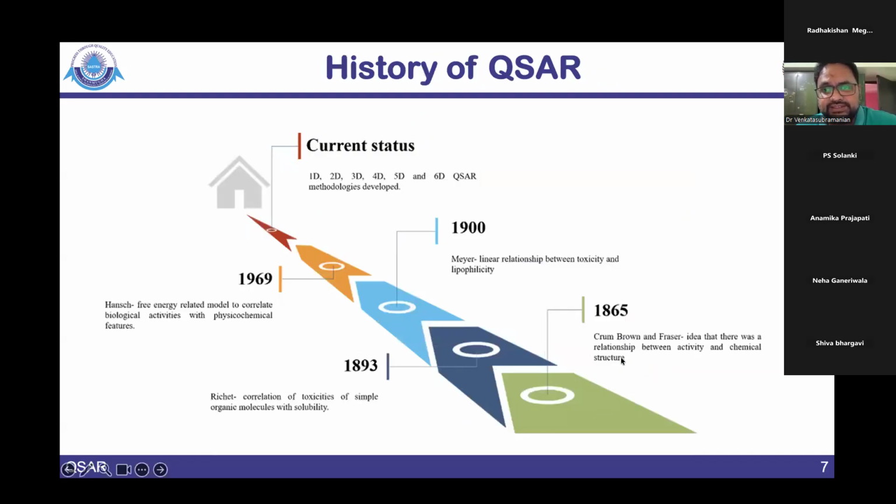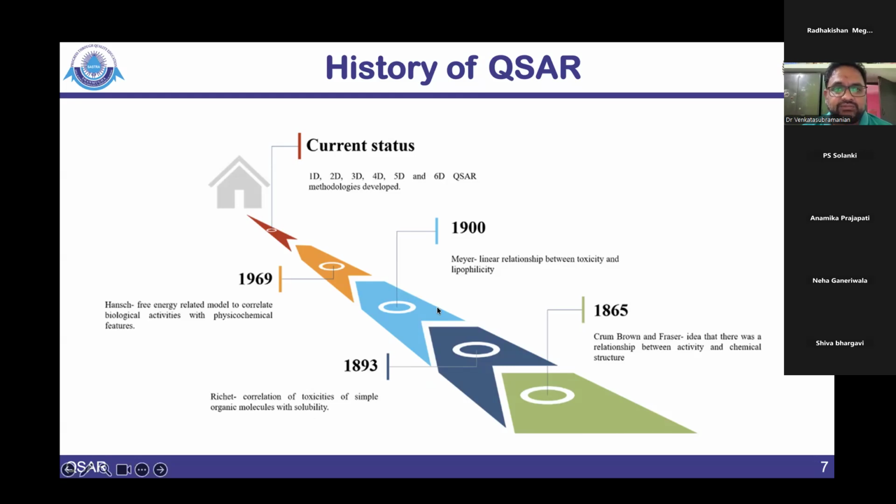So as I said, this QSAR model started in 1865 itself. In 1865, Crum Brown and Fraser suggested that there is a relationship between activity and the chemical structure.